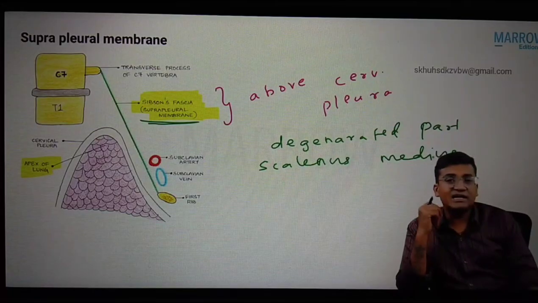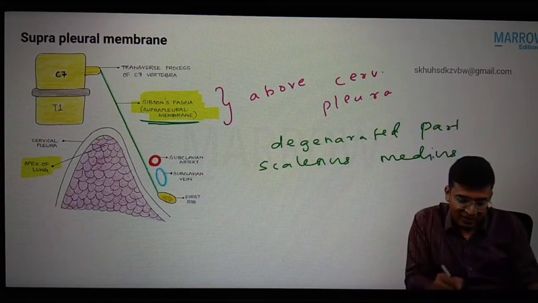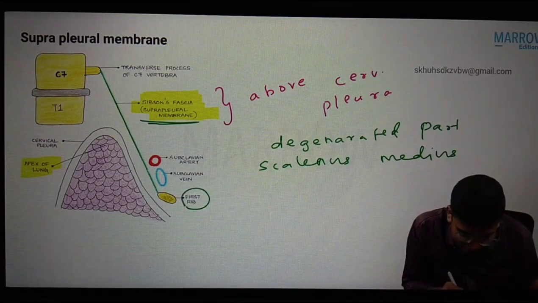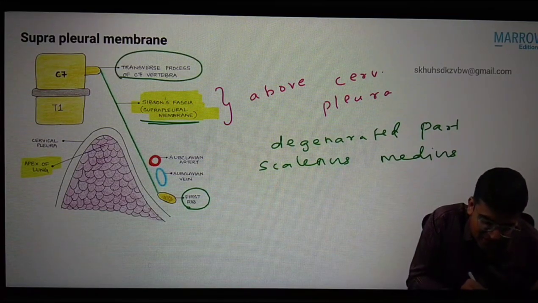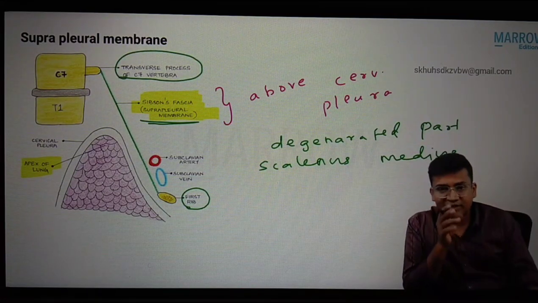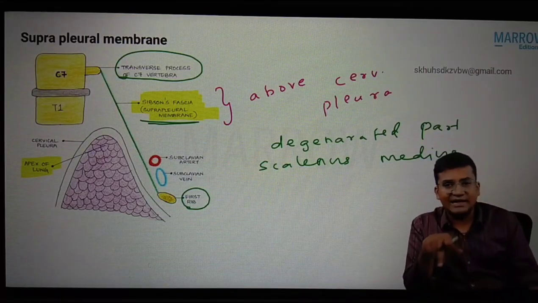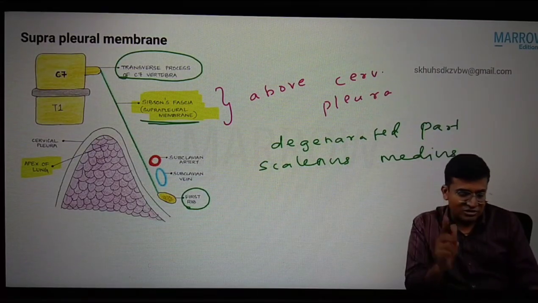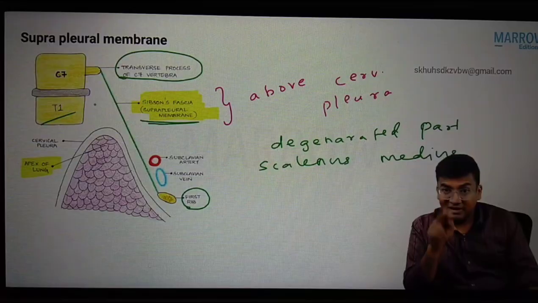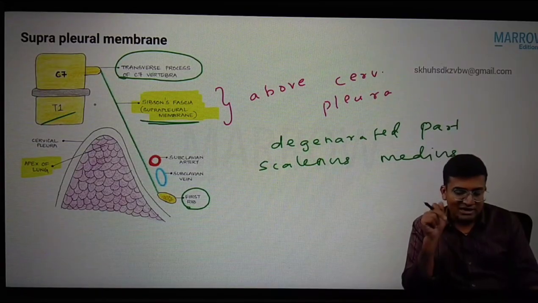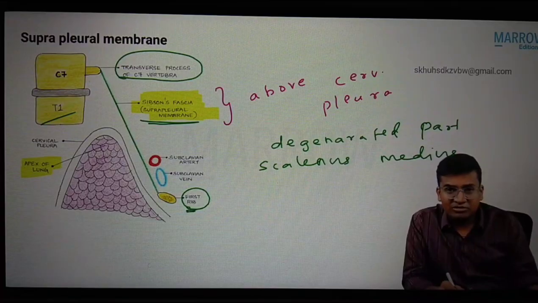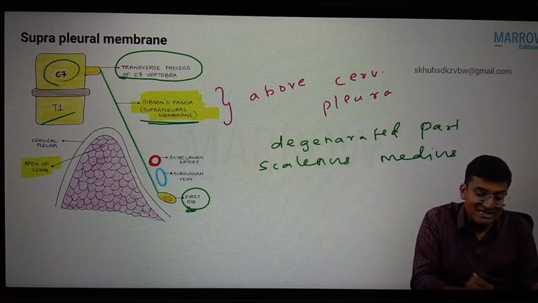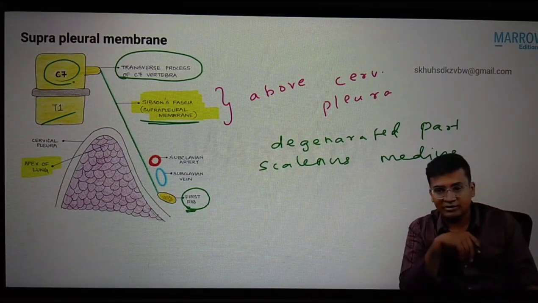Now, the Simpson's fascia is extending from the inner border of the first rib and goes up to the C7 transverse process. This is very important. Now, first rib is connected to first thoracic vertebra. But this fascia, Simpson's fascia, is extending from the inner border of the first rib to the C7 vertebra, not to T1.